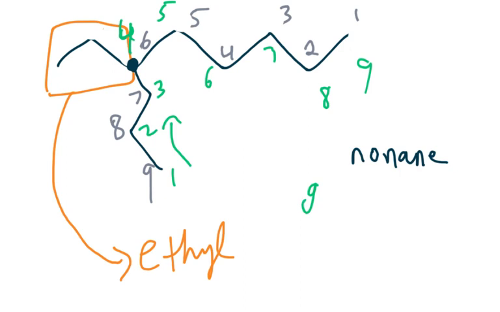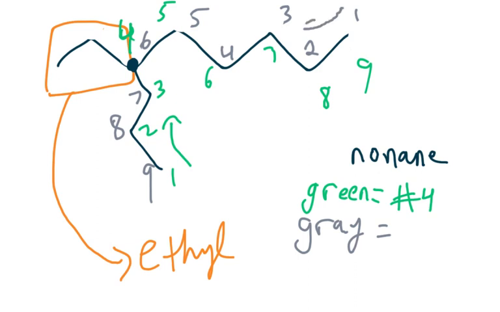So let's write that down. For the green numbering, the ethyl substituent comes off of carbon 4. For the gray numbering, the ethyl substituent comes off of carbon 6, because the gray numbering starts here and goes that way, and 6 is right here.